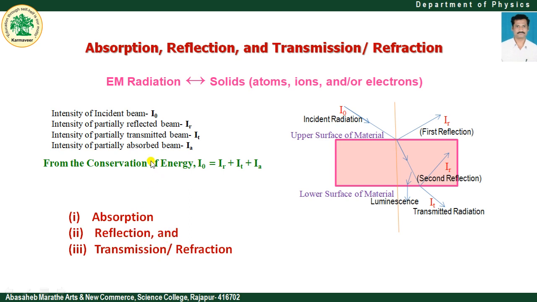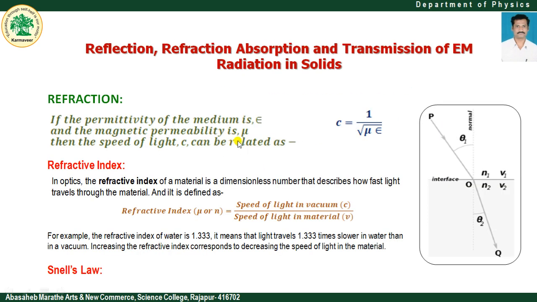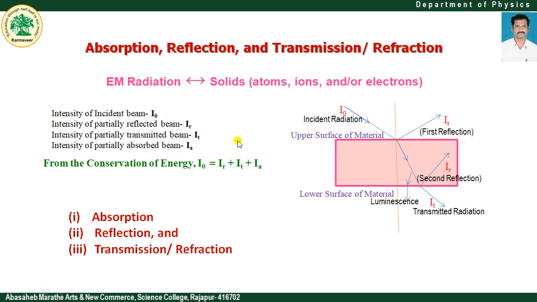Again, we have seen the electromagnetic radiation, electromagnetic spectrum also. In the last chapter, last video lectures, we have studied the electromagnetic spectrum also. Now, from this figure, if I naught is the incident ray, and this one is nothing but the first reflected ray.